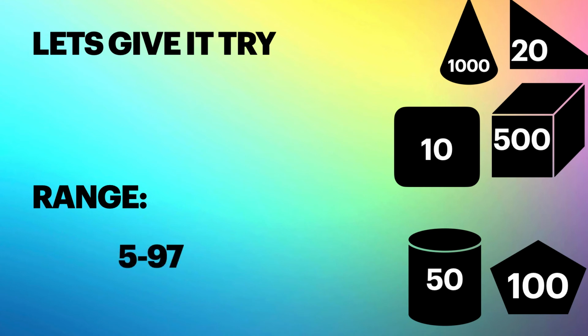What about if the range was from 5 to 97? Well, I would look at 97, and the number that is bigger than 97, but a round number and close to 97 would be 100. So for me, 100 would be what I would use for the top of my scale.